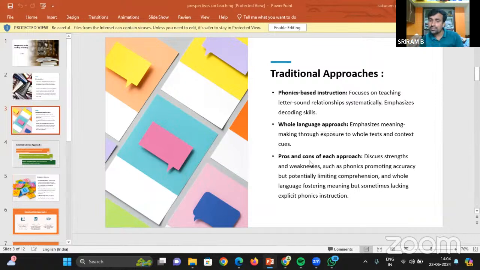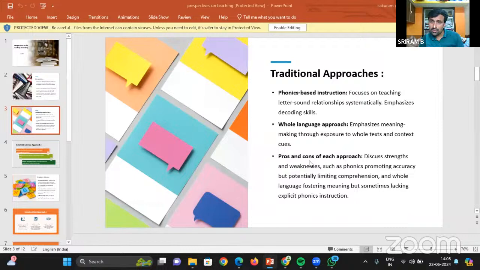And if I ask you to read, suppose, page number 116 or 117, please read for 2 minutes, because you studied English for around 10 to 12 years, you have enough maturity to understand a language, and you are able to reproduce. So here, making meaning through exposure to whole text and context cues, you know how to use it contextually and all.